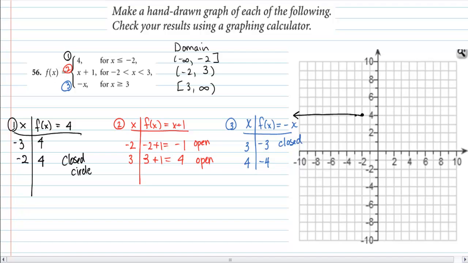The middle part, I have an open circle at negative 2, negative 1. And at 3, 4. And for the third function, I have an ordered pair at 3, negative 3. Closed. And it's going through the point 4, negative 4.